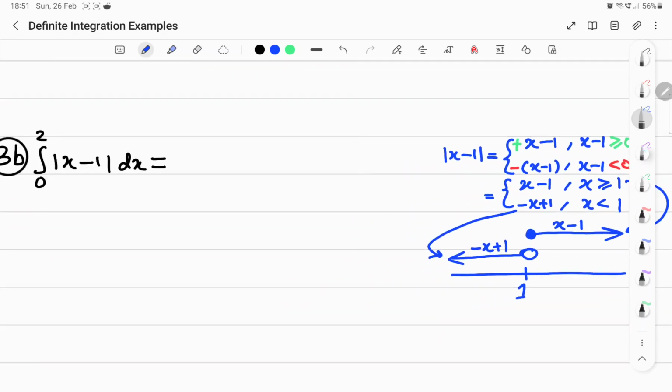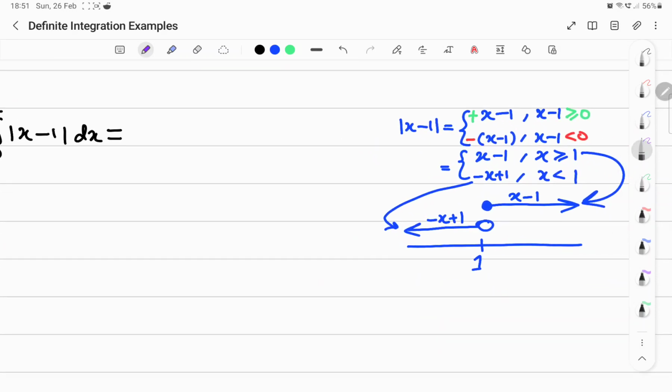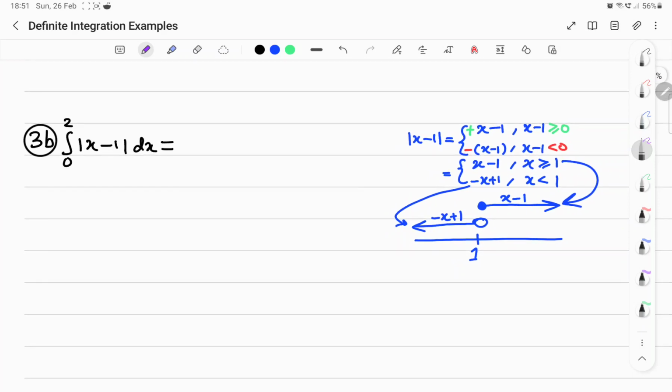Now, let's have a look at the integration involved. We want to integrate from 0, which lies on the left-hand side of 1, until 2, which lies on the right-hand side of 1. If we shade the integration involved, we can see that the shading will touch 2 arrows.